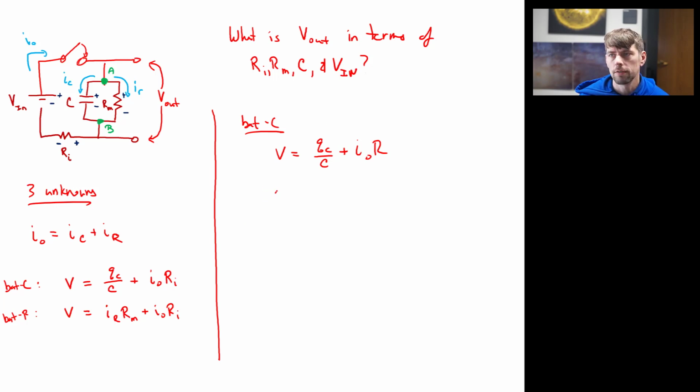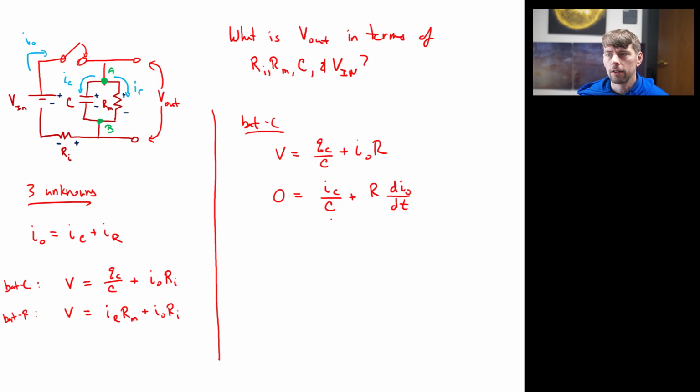So taking a derivative, I get 0 equals the current running through the capacitor plus, now here we have to be careful because I'm taking a derivative of the current coming from the battery. It always seems weird, right? The change of the current coming from the battery is somehow related to the current going through the capacitor. I don't know why, that just always seems a little weird, different to me.